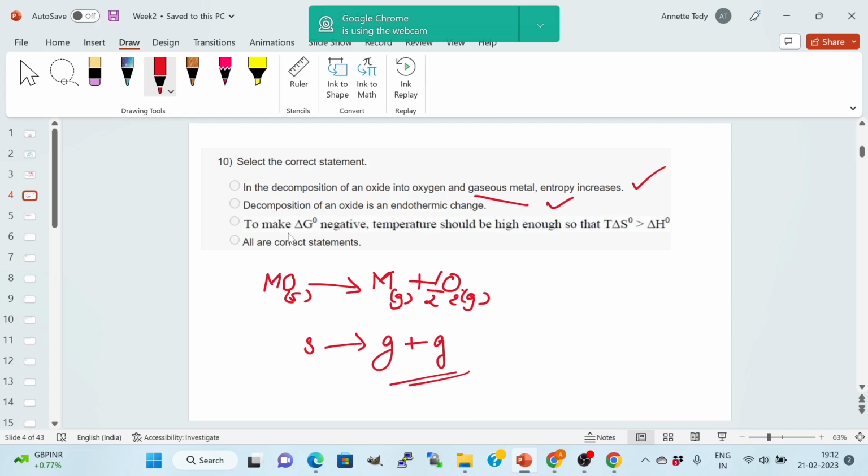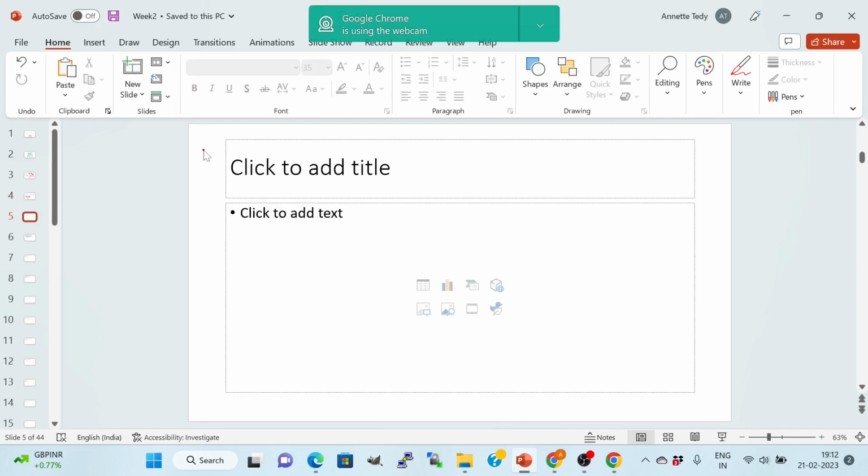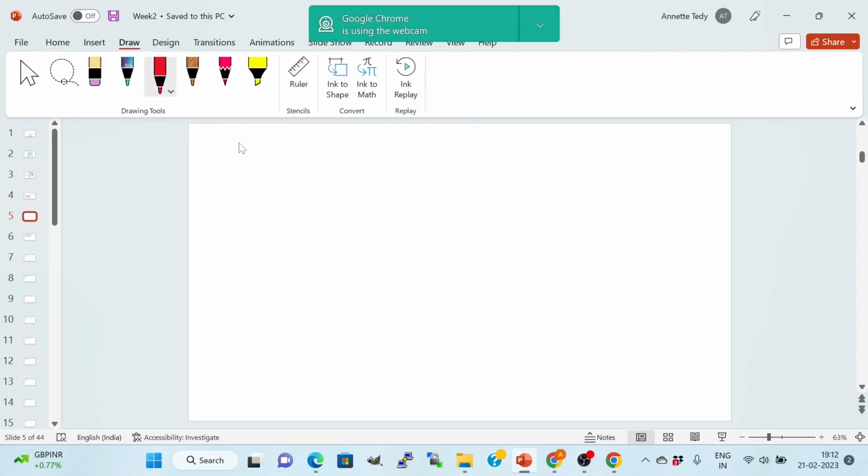So next one: to make delta G negative, temperature should be high enough so that T delta S is greater than delta H. So for that we will just check how it is possible.